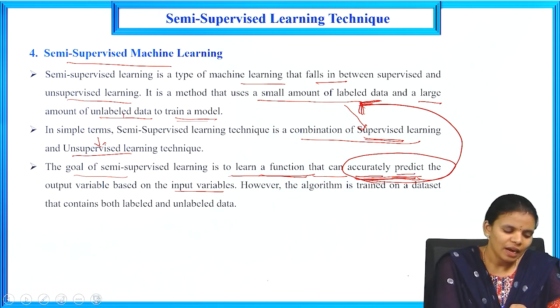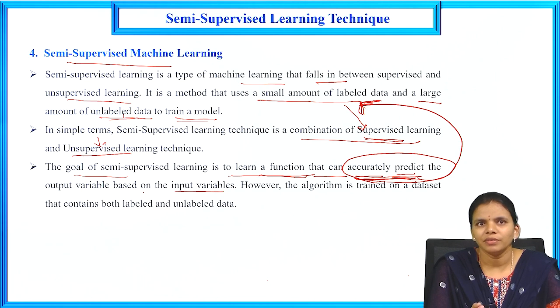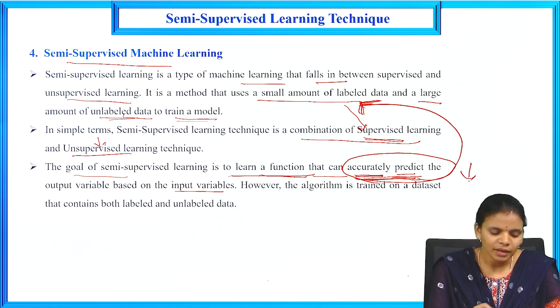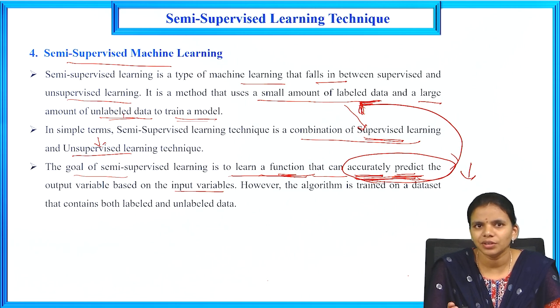When we give an unlabeled data set for training, it will predict the output, but the accuracy of that output will be less. So here the main goal of semi-supervised learning is to learn the function that can predict the output with the highest accuracy.